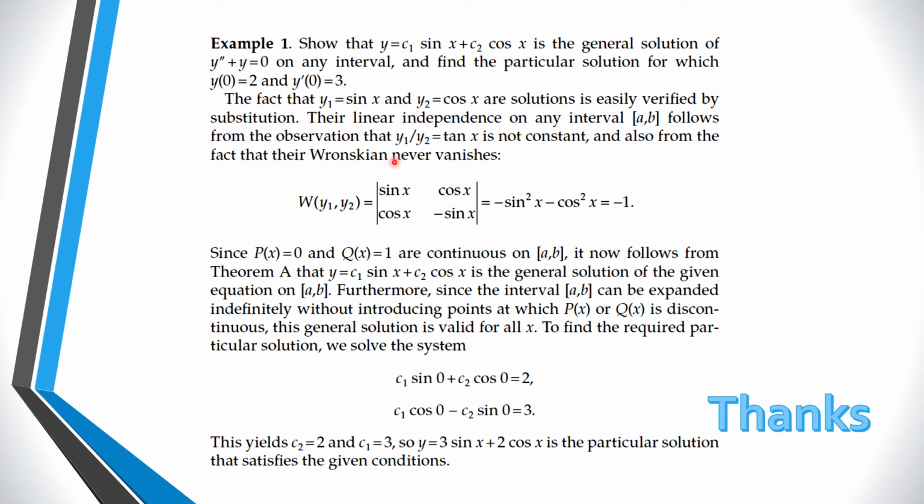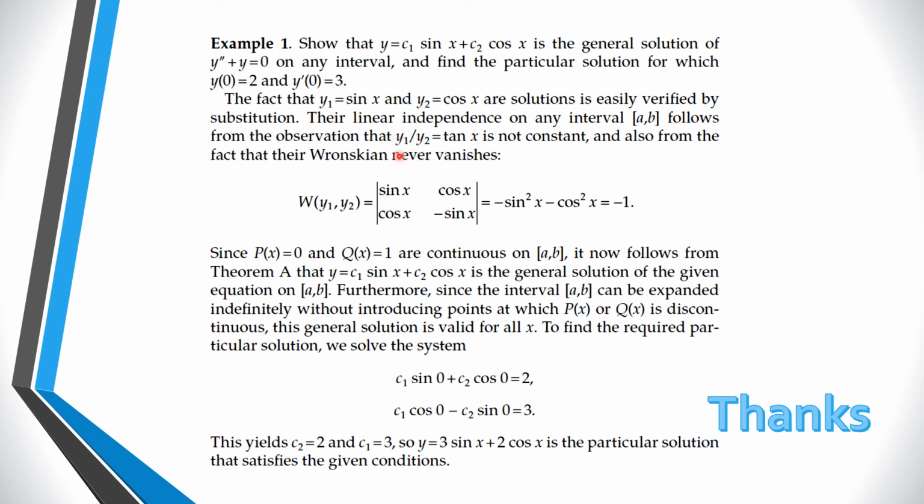Now check whether the Wronskian is independent or dependent. When you find the Wronskian of y1 and y2, it will be the determinant of y1, y2, y1 dash, y2 dash, right? So this is sin x, cos x, cos x, minus sin x. When you simplify this, you will have minus 1. Since it is non-zero, clearly y1 and y2 are independent, right?